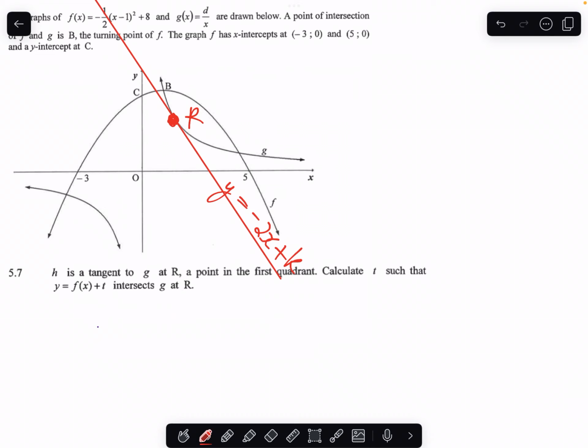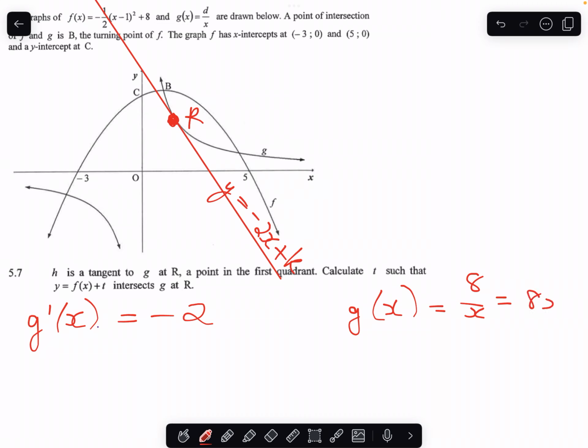So where is the first derivative of g equal to negative 2? First of all, we know that g of x is equal to 8 over x, which is equal to 8 times x to the minus 1. So g prime will be negative 8x to the negative 2. So we want to figure out where this is equal to negative 2.